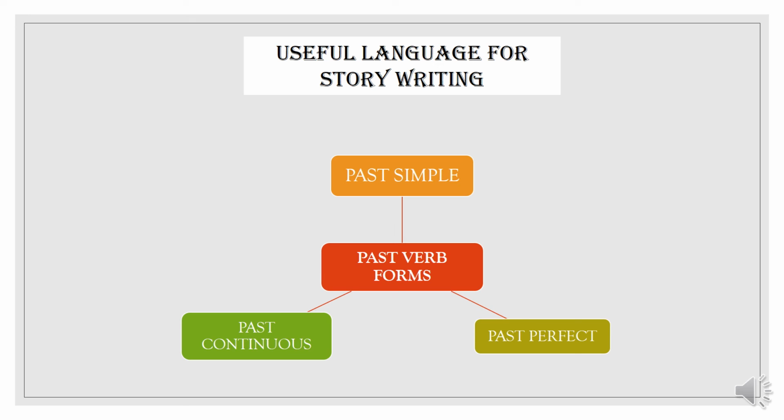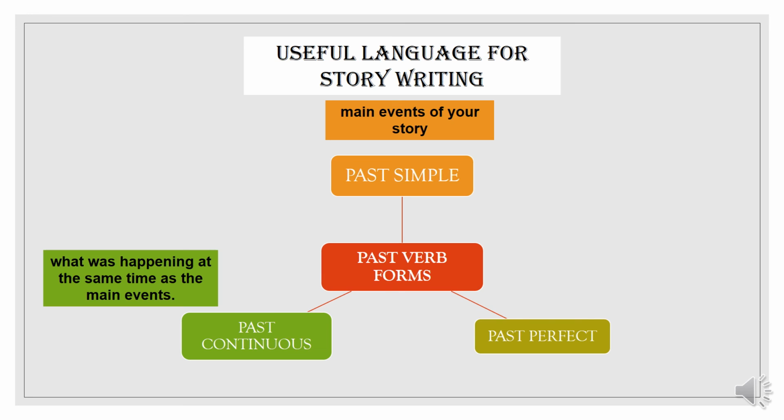Past simple describes the main events of your story. Past continuous describes what was happening at the same time as the main events. And past perfect describes what happened before the main events. So study these verb tenses and practice as much as you can.